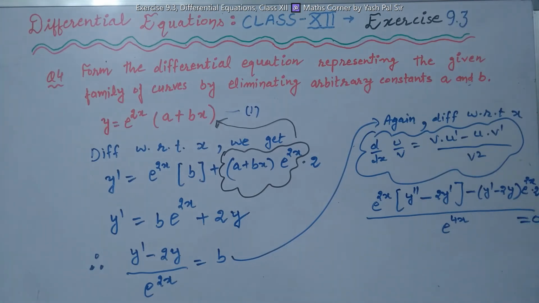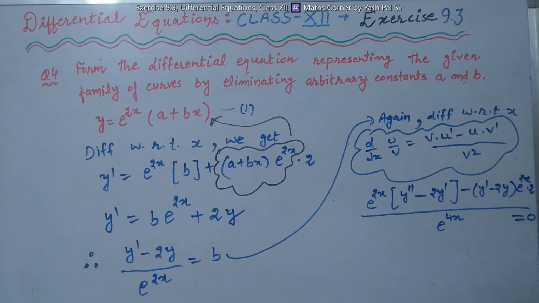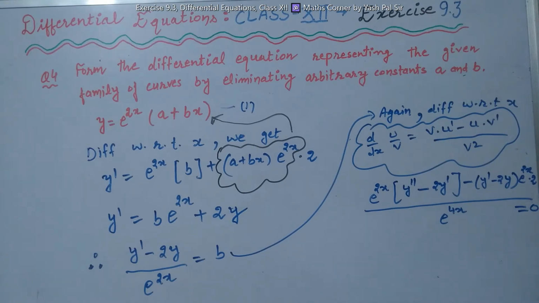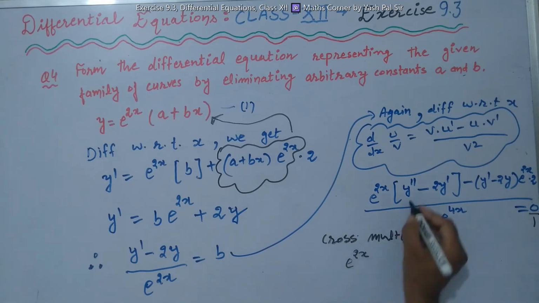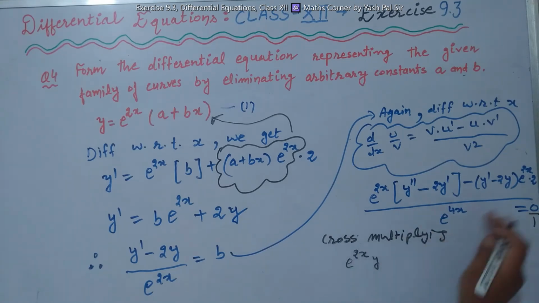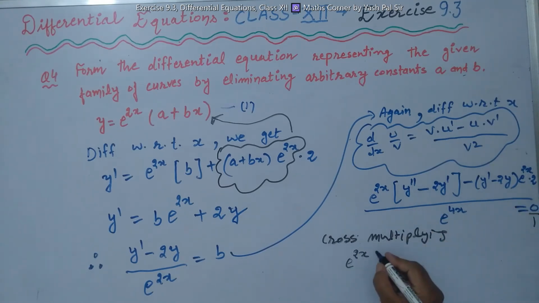So one more thing, what we can do now, here we can write this equation as cross multiplying. So cross multiplying gives e raised to power 2x common.